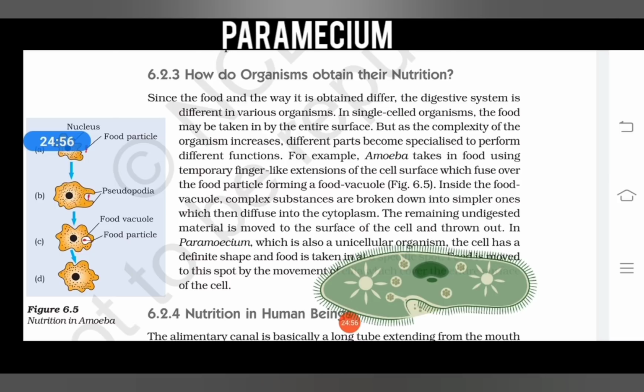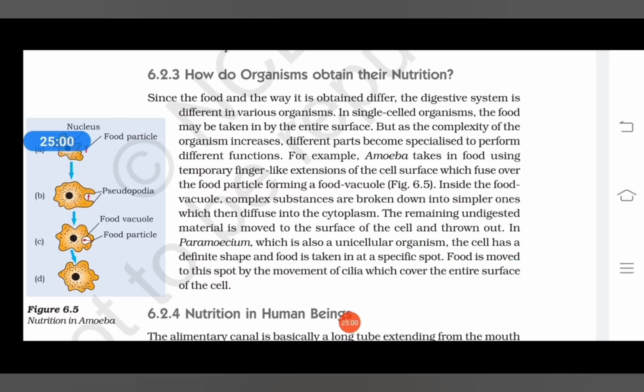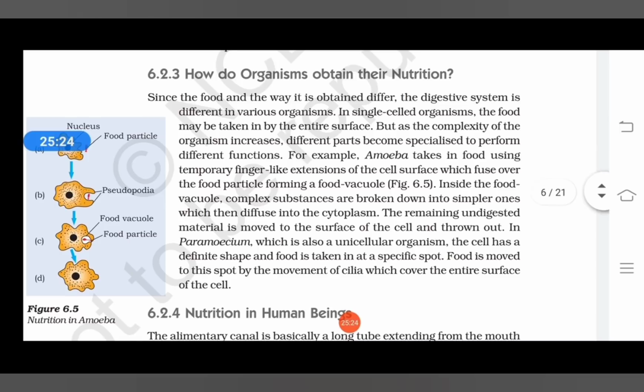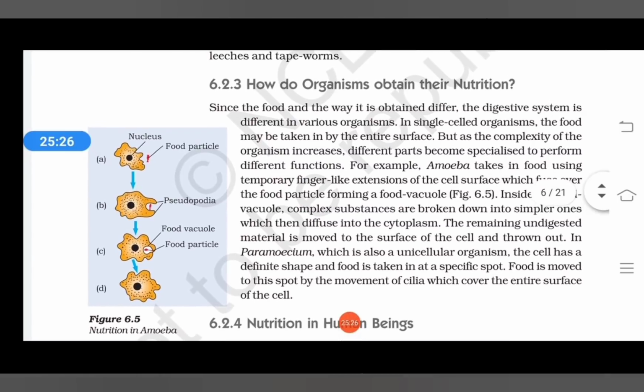In paramecium also, which is a unicellular organism like amoeba, the cell has a definite shape and the food is taken at a specific spot. Food is moved to this spot by the movement of cilia, which cover the entire surface of the cell. So how do organisms obtain their nutrition? The first example is amoeba.